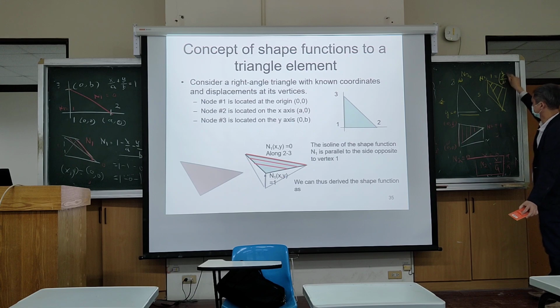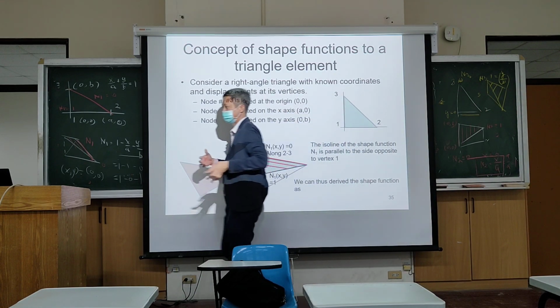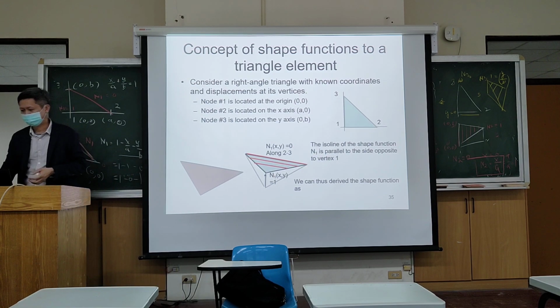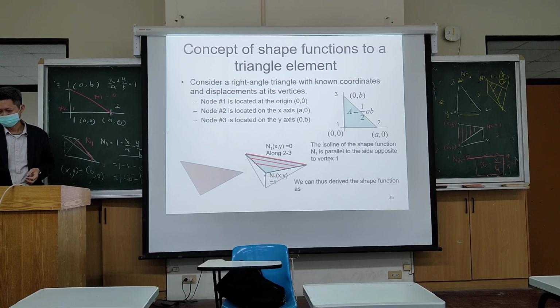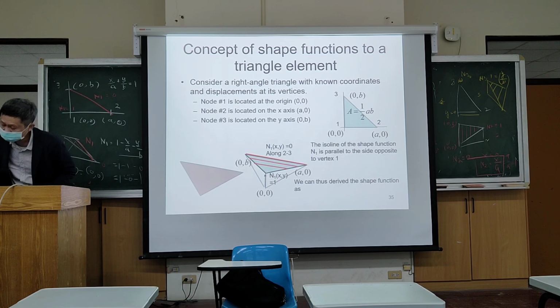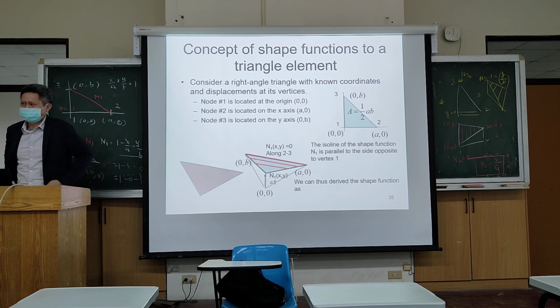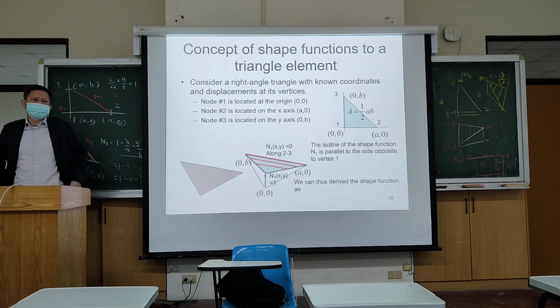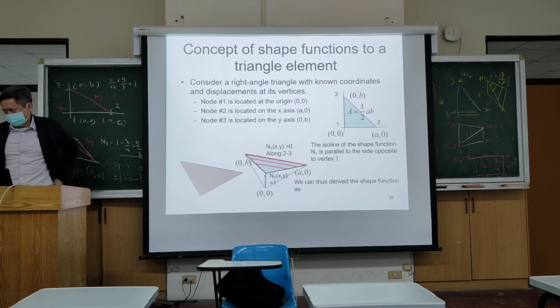So now we are finding the shape functions simply from linear algebra and drawing. Opposite line: the equation is the opposite line, but it's going to be 1 at my local point.